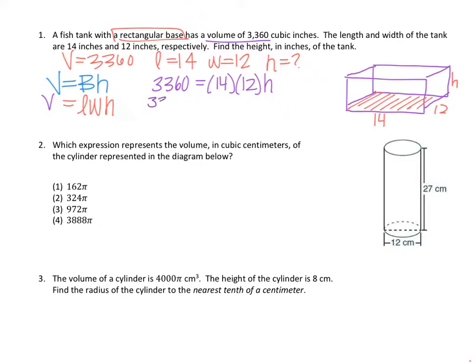So we have 3,360 equals 168 times h. Remember, our goal is to get the h by itself. So we have to divide both sides by 168. On the right side, they cancel. On the left side, that's what we're going to type in the calculator: 3,360 divided by 168. And we find that the height is equal to 20.